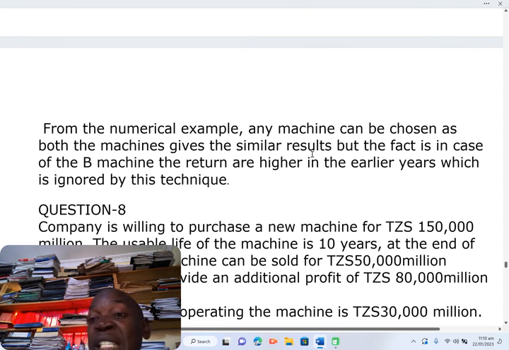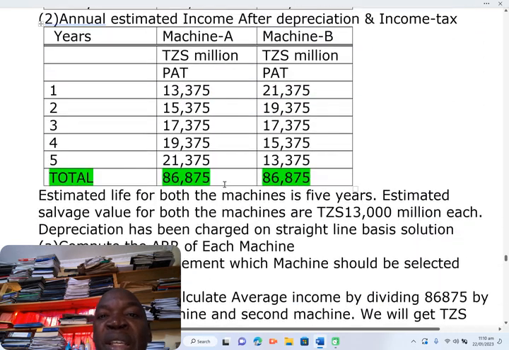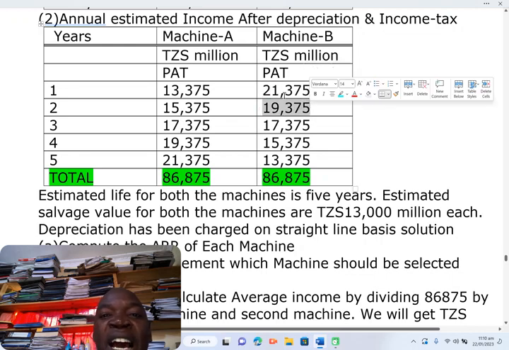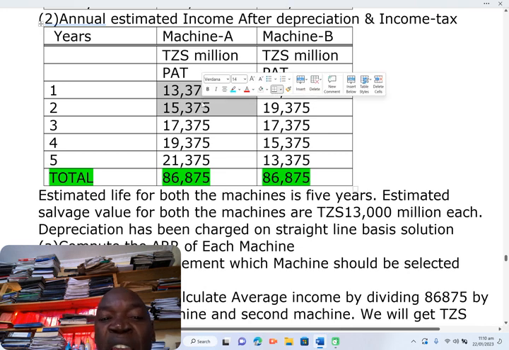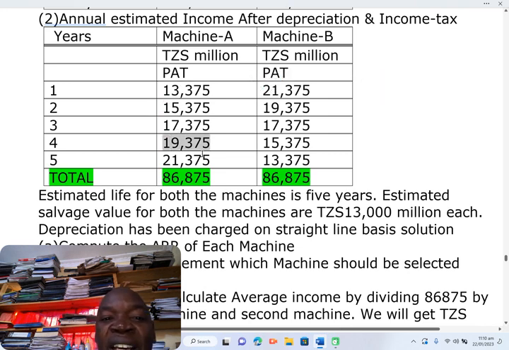But the fact is, in the case of machine B, the returns are higher in early years, 21, again 19. While machine A's returns are smaller, in machine A the returns are higher at the later stage.